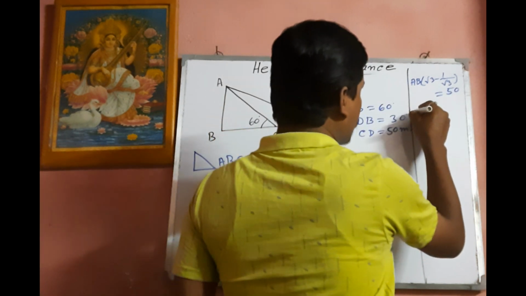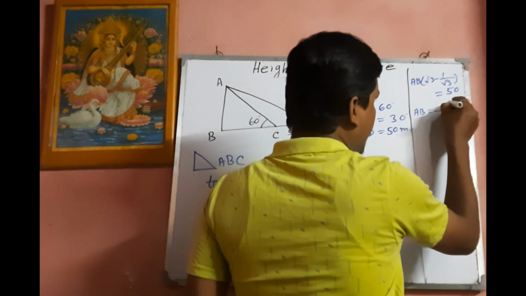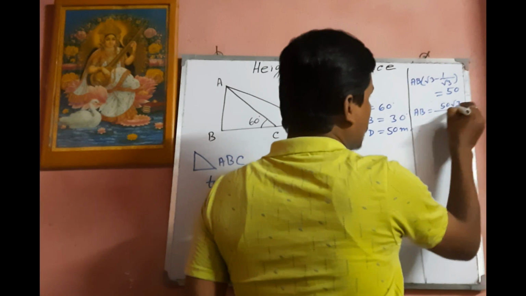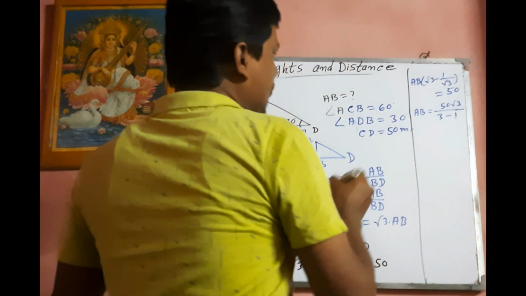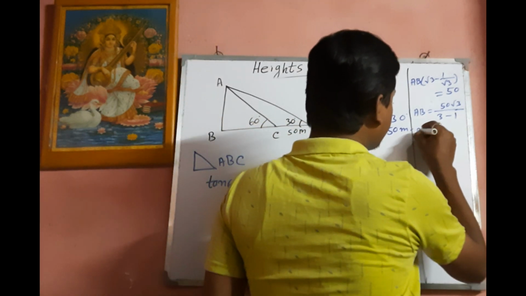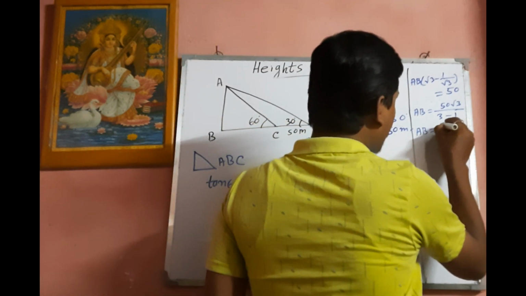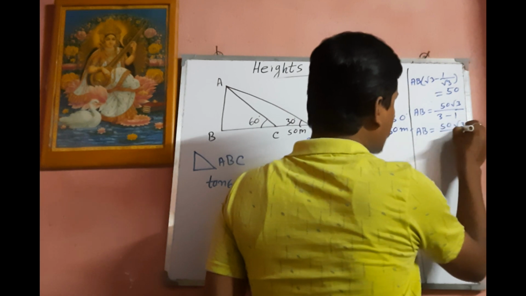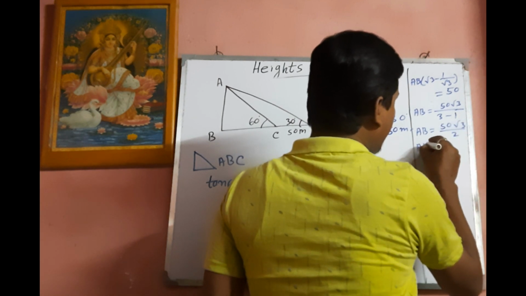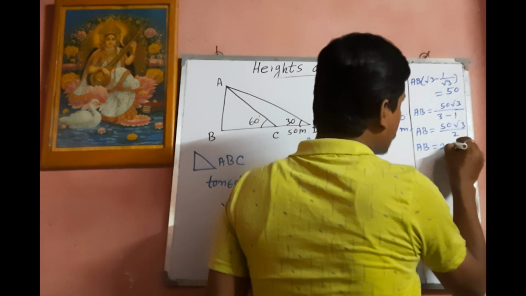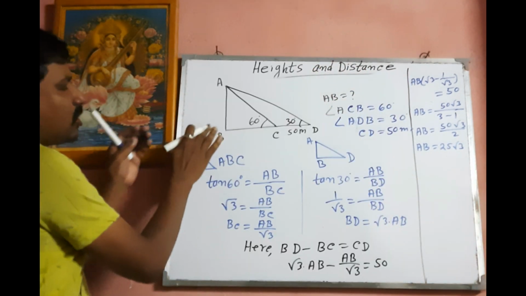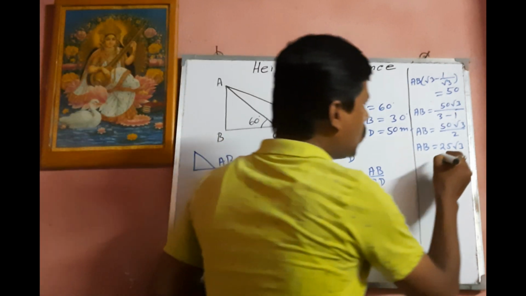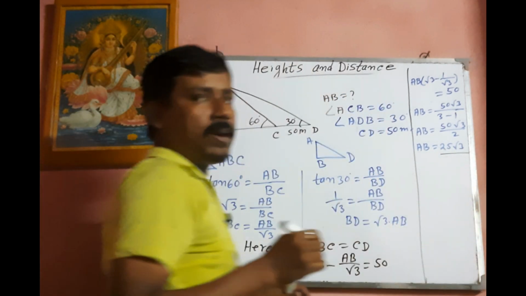Then AB is equal to 50 root 3 divided by 3 minus 1. That is, AB is equal to 50 root 3 by 2. Then AB is equal to 25 root 3. That is, the length of AB is equal to 25 root 3.